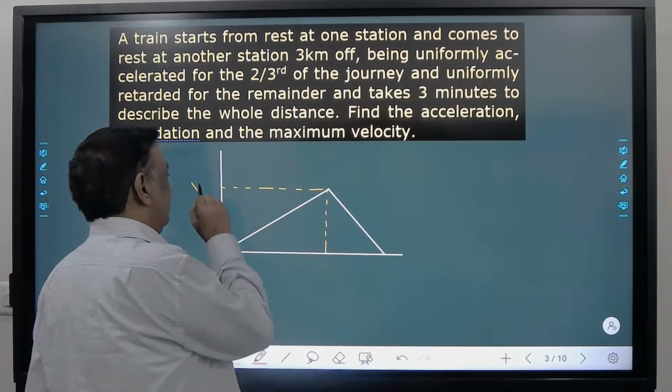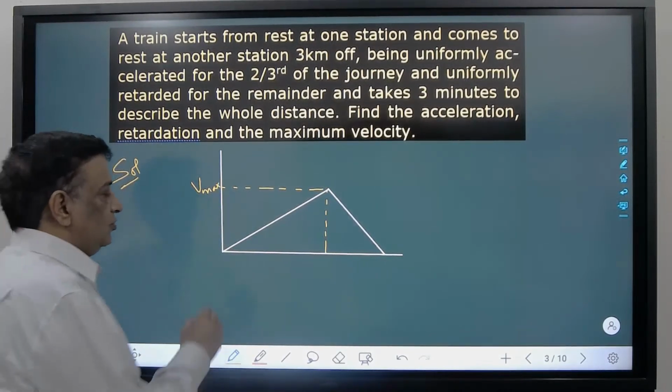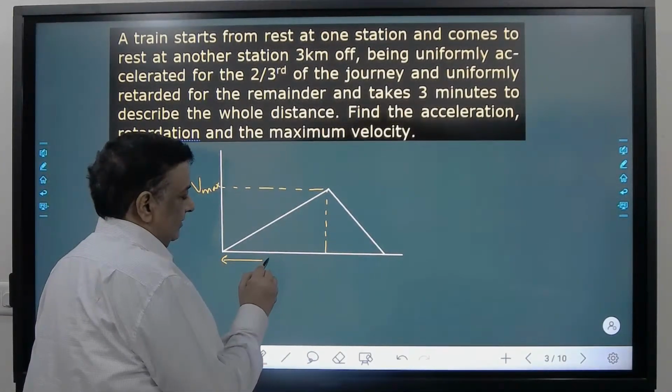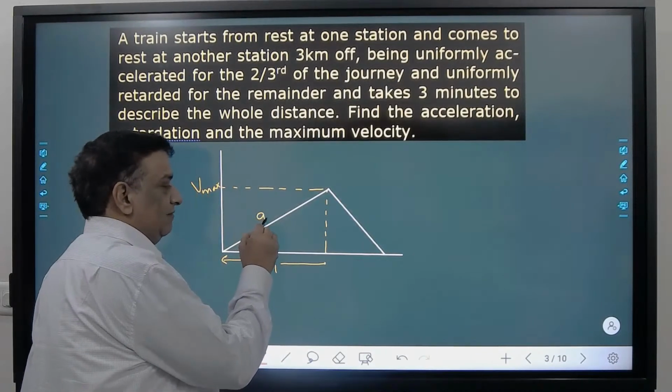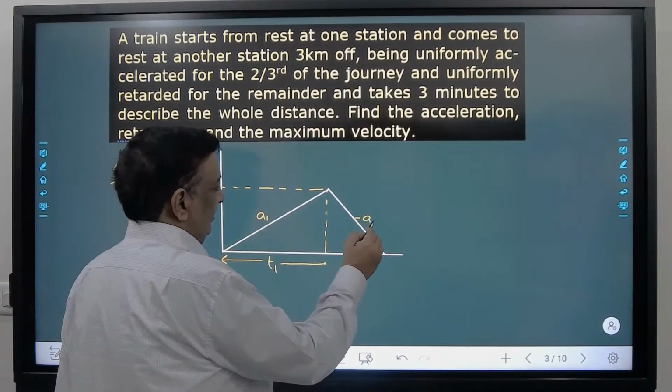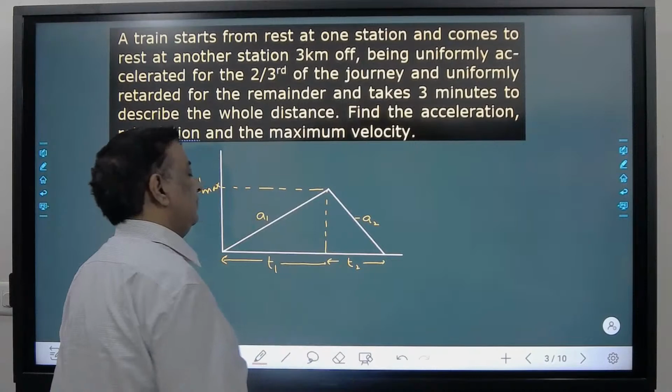So it is required to find the maximum speed, let it be Vmax. We assume that it accelerates at a rate A1 in time T1. The slope of this graph is A1, the slope of this is minus A2, and it retards to 0.